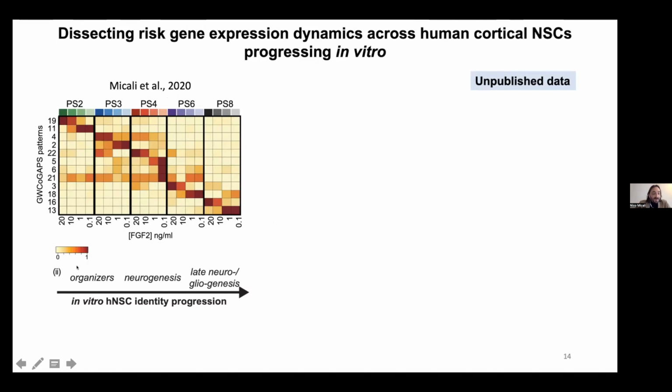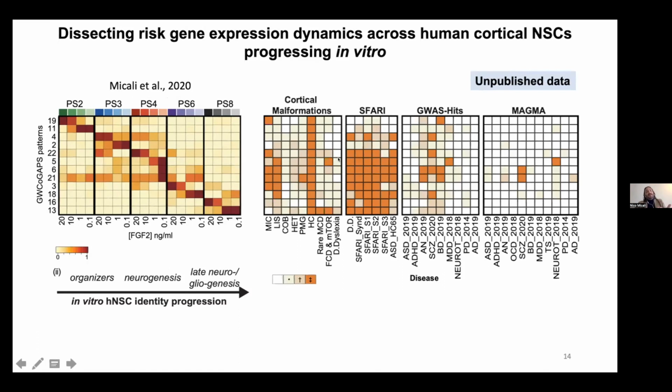We annotated these cells as organizer cells at early passages, neurogenic cells at passage 4 and passage 6, and late neurogliogenic cells, because projection of these later cells into the human macaque data showed that these passage 8 cells express genes of the gliogenic radial glial cells.